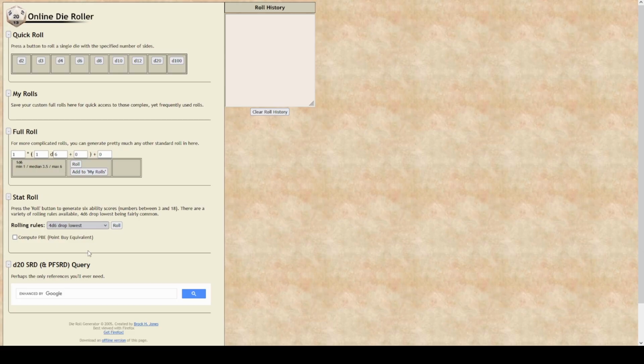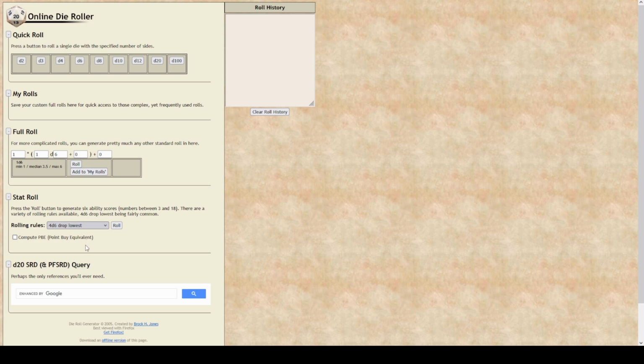So these are the various stat rolls that people use. The default is roll 4d6, drop the lowest. Roll 4d6, reroll ones. 2d6 plus 6. This is just, you get an automatic 6. You just don't get to drop one. 3d6 strict means you get 3d6 and don't drop anything.